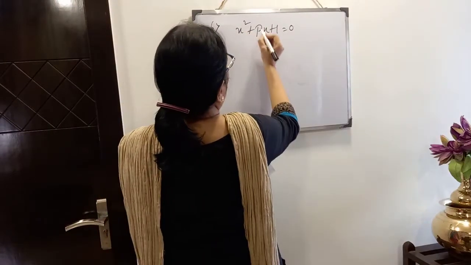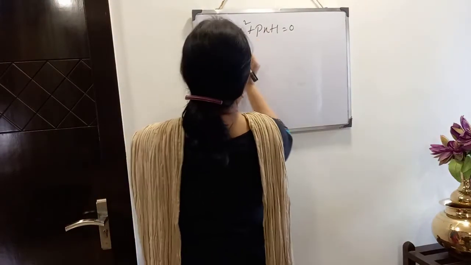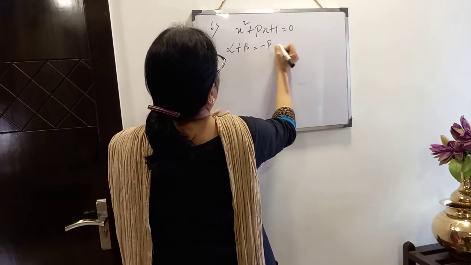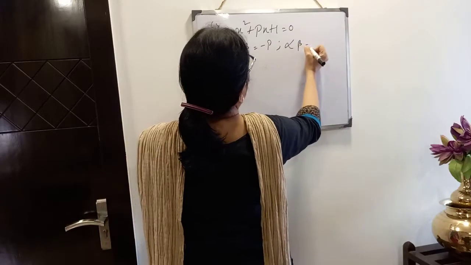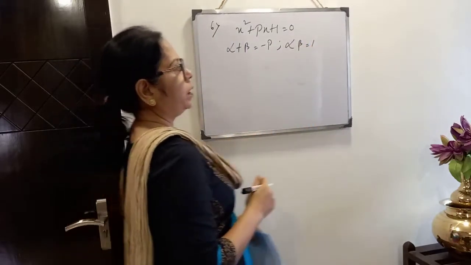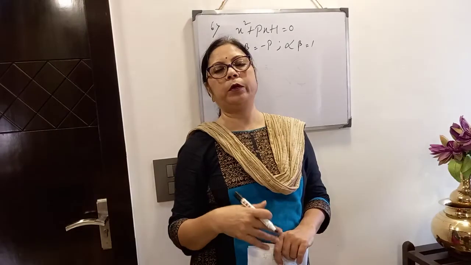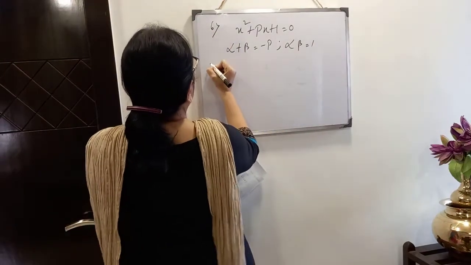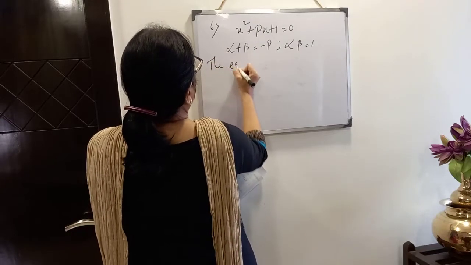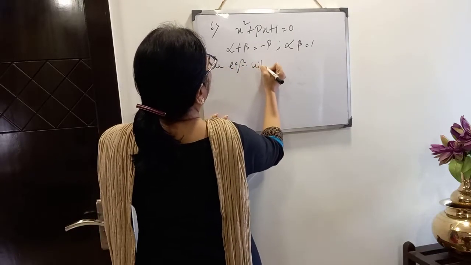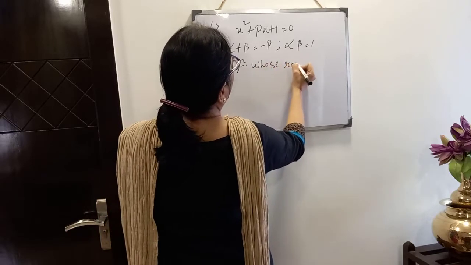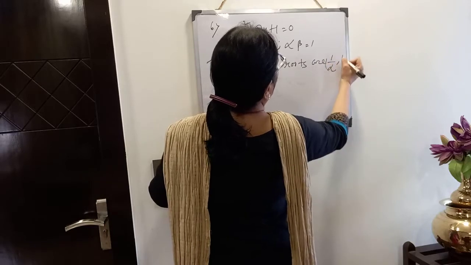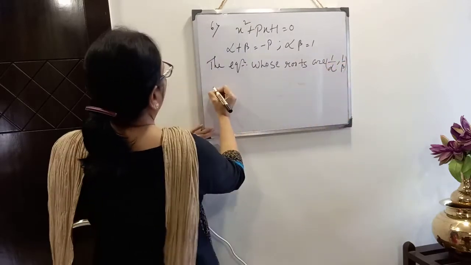So we are considering, let alpha beta be the roots of this equation. Clear? So alpha plus beta equals to minus p and alpha beta equals to 1. Now you have to make the equation whose roots are reciprocal, that means whose roots are 1 by alpha and 1 by beta. So the equation whose roots are 1 by alpha and 1 by beta, reciprocals, will be what?